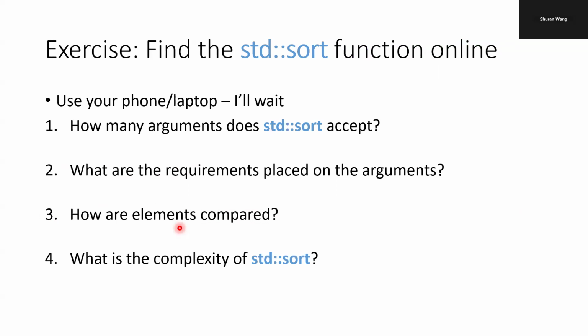And now, as an exercise of researching in the STL, let's take out your phone or laptop or pad or anything. Find the std::sort function online and see if you can answer these 4 questions.